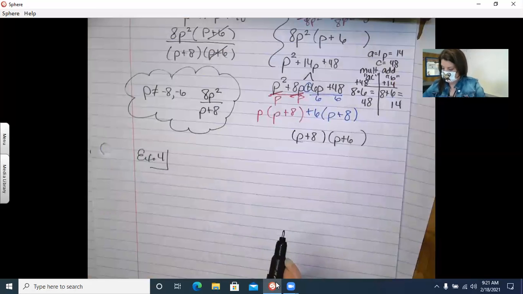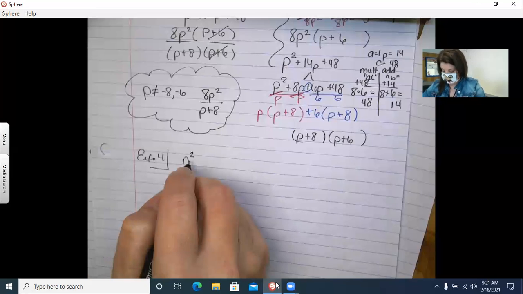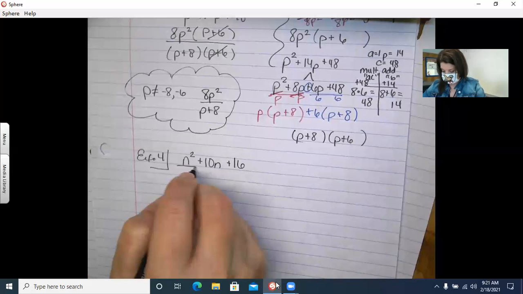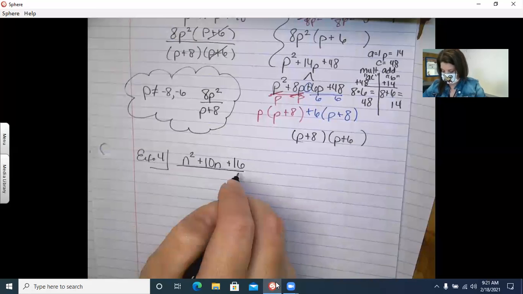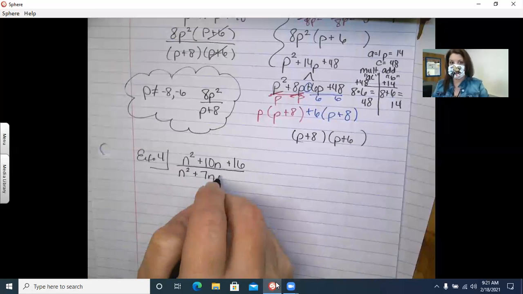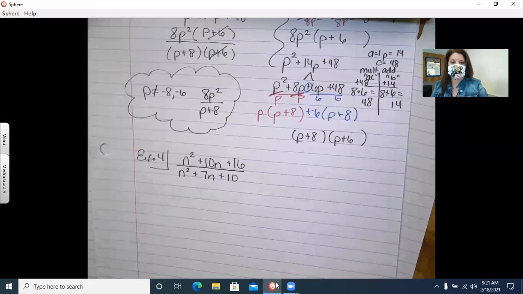Let's go with n squared plus 10n plus 16, quantity divided by n squared plus 7n plus 10. Can I cancel out those n squareds right now?